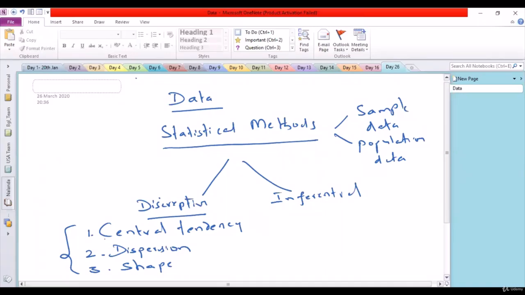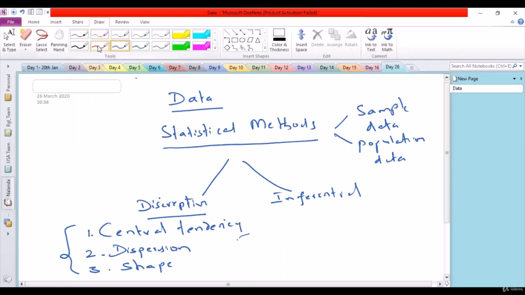Okay. Now, inferential statistics mainly focus on random variables.